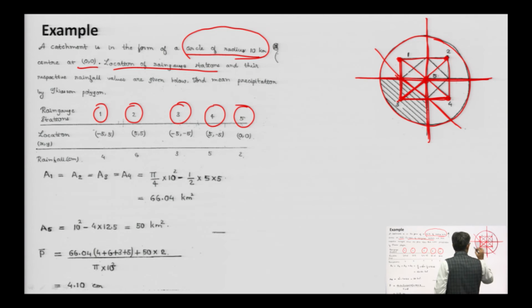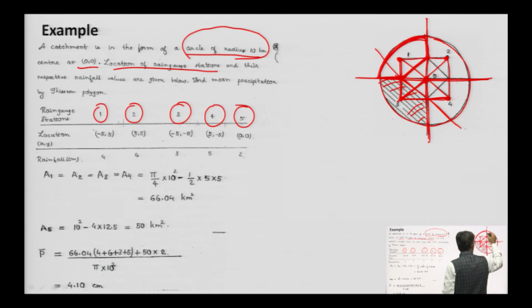Therefore, for station 3, the area for rain gauge station 3 will be this shaded area. Similarly, for rain gauge station 1, this will be the shaded area, and that much area will be used in calculating the weightage parameter.